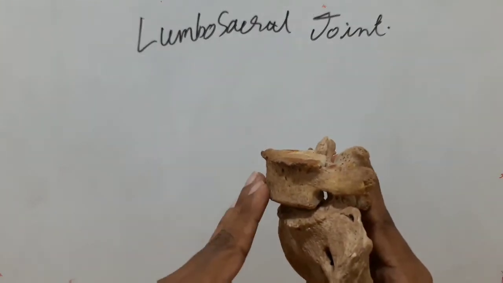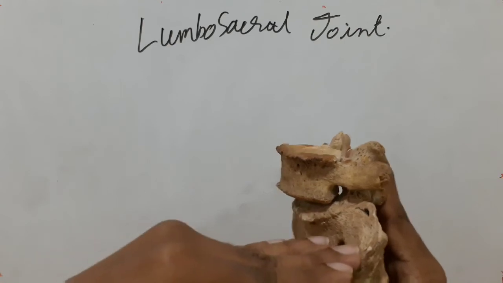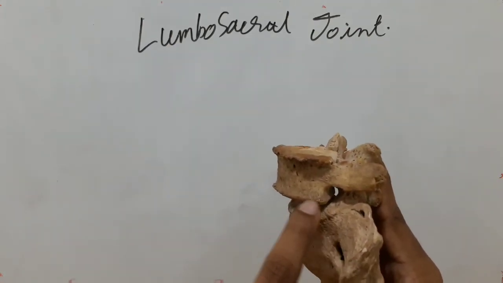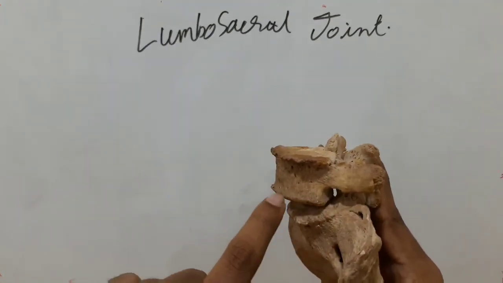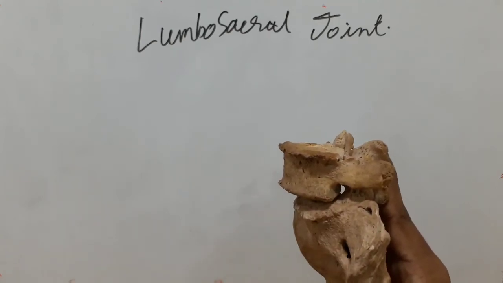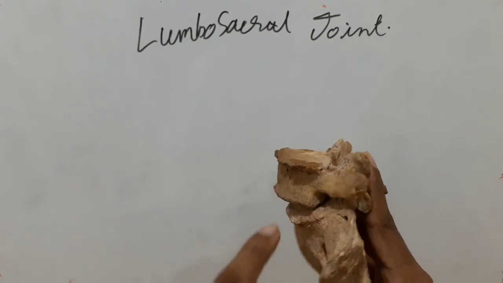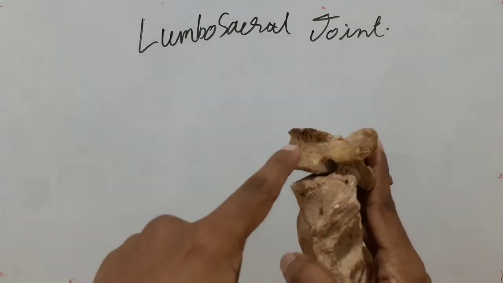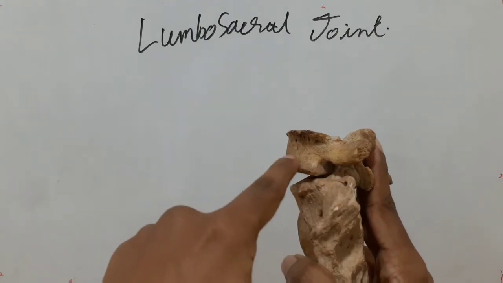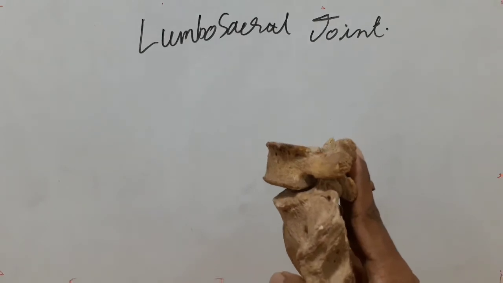So the angle formed between the horizontal or transverse line and the lower border of the L5 vertebra forms the lumbosacral angle. As you can see, the normal is 30 degrees.